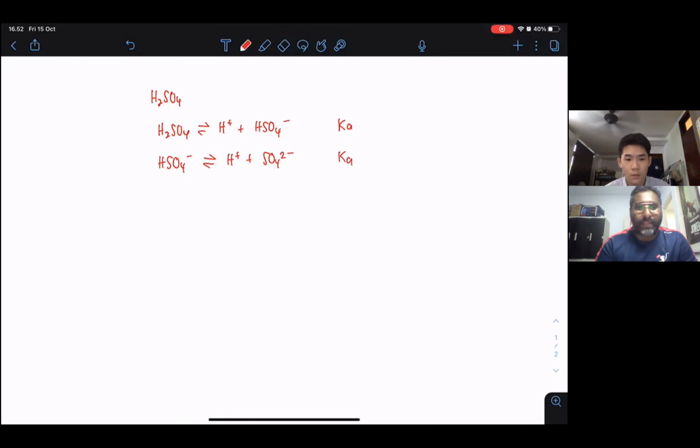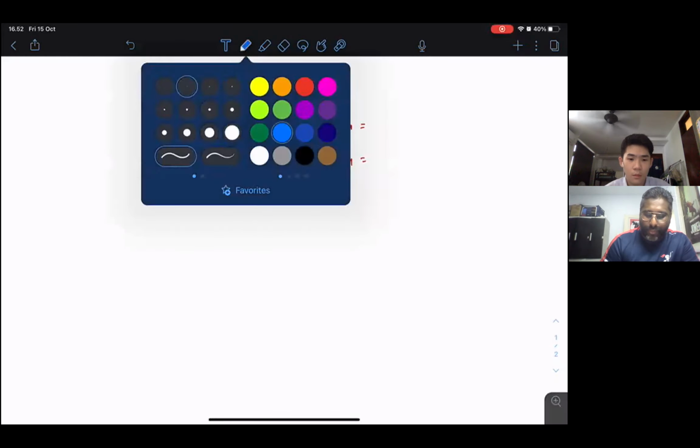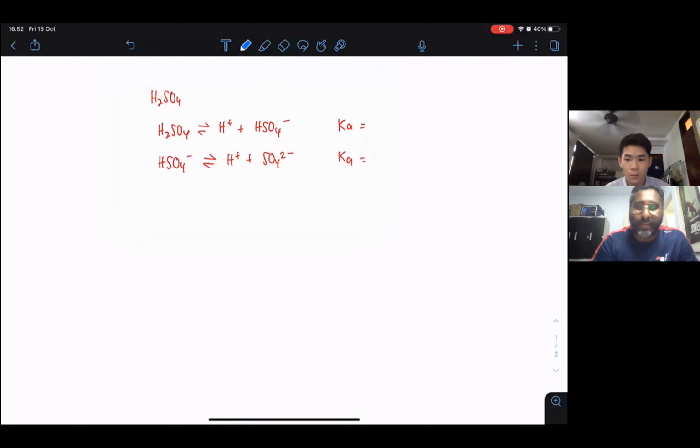And we can compare these 2 Ka, quite simple. You need to remember that for the first dissociation, the Ka is always going to be bigger than the second dissociation.